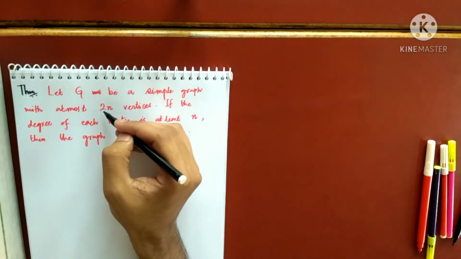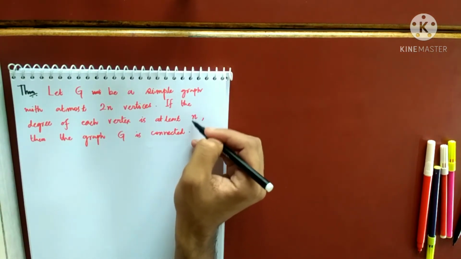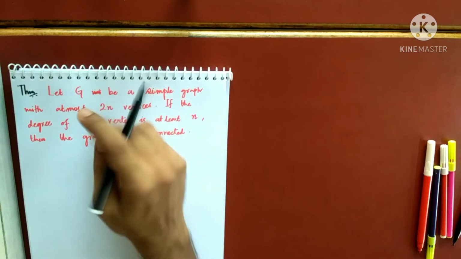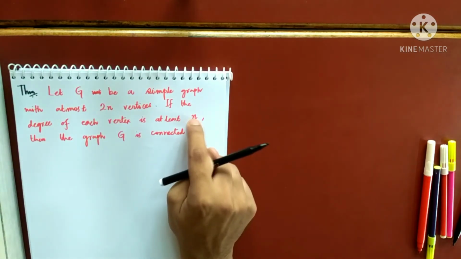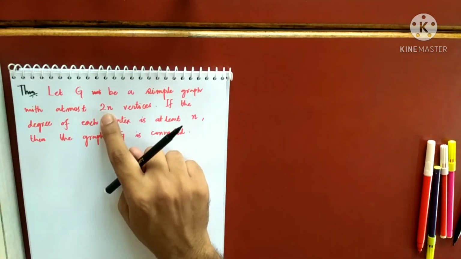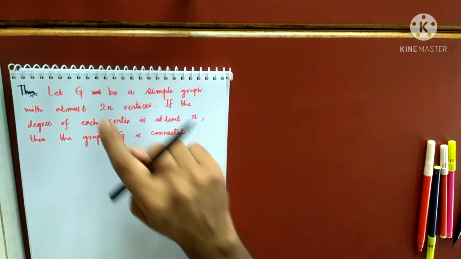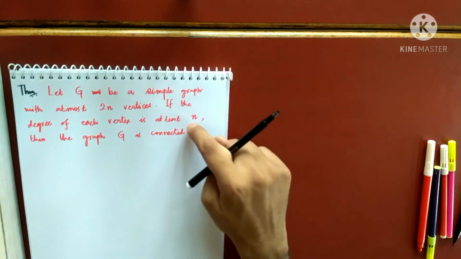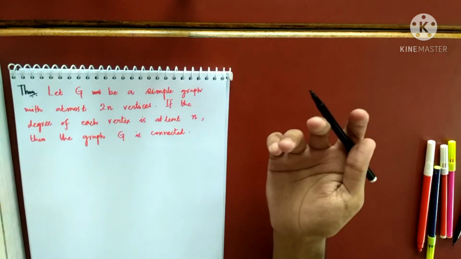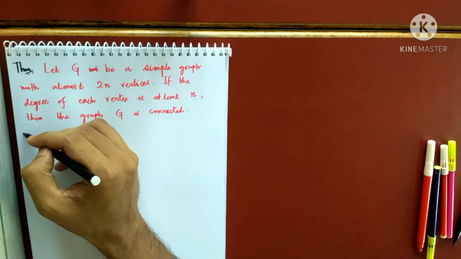So why have I taken 2n vertices? So that fractions do not get involved. For example, you can write here at most n vertices and here n by 2, and that is also fine. But then it would be n by 2 here, and that would make things more complicated. So that is the reason I have considered 2n vertices.